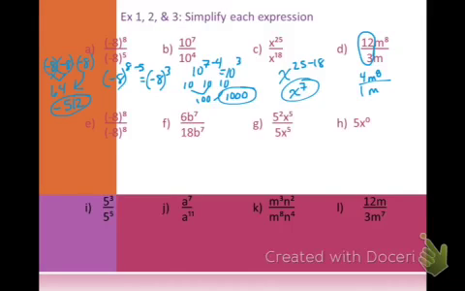Now, 4 divided by 1 is 4. Then I take m, and I'm going to subtract the exponents. What's the exponent of the bottom number? It is a hidden 1. So you're going to go 8 minus 1. So 4m, and 8 minus 1 is 7.